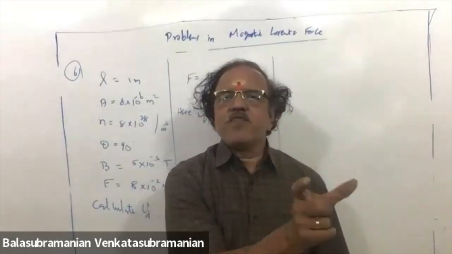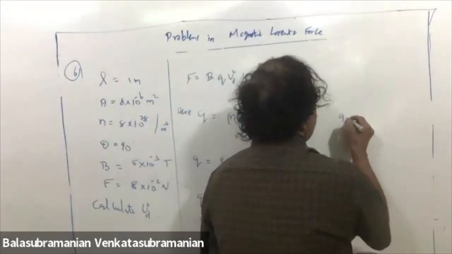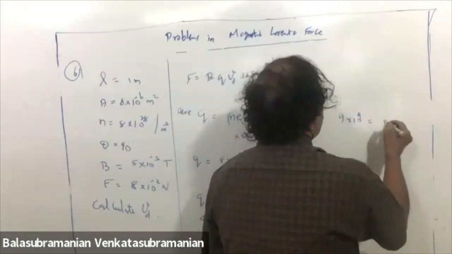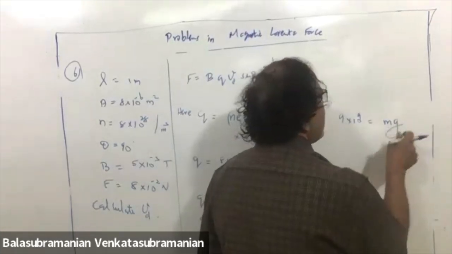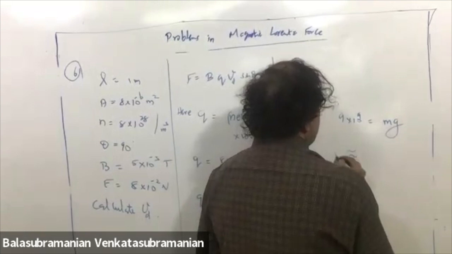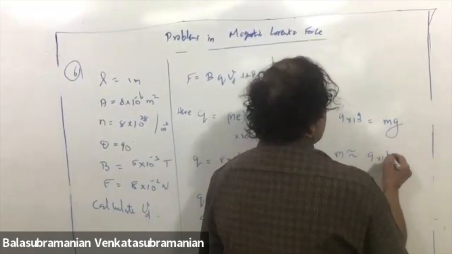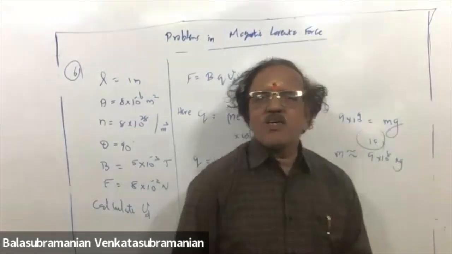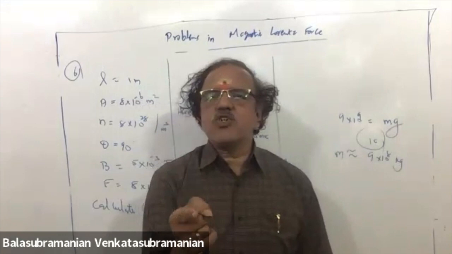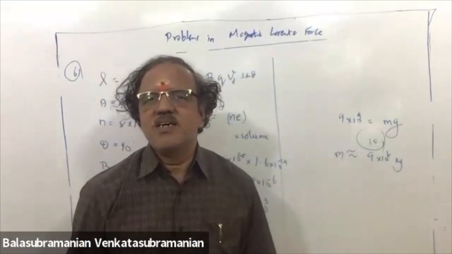Then equate that force to the weight of the charge, 9 into 10 power 9 equated to mg. g nearly 10 you take. So approximately mass is 9 into 10 power 8 kilogram. This is for 1 coulomb. 1 coulomb charge means the body should possess a mass of 10 power 8 kilogram nearly.